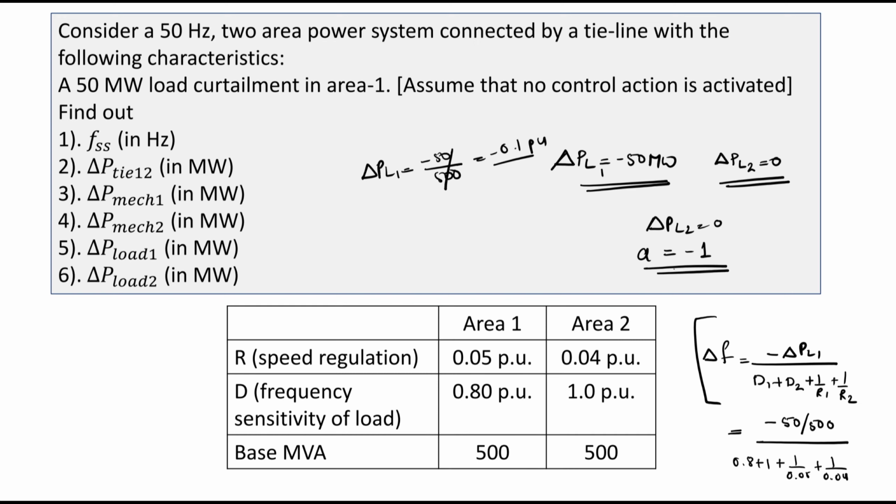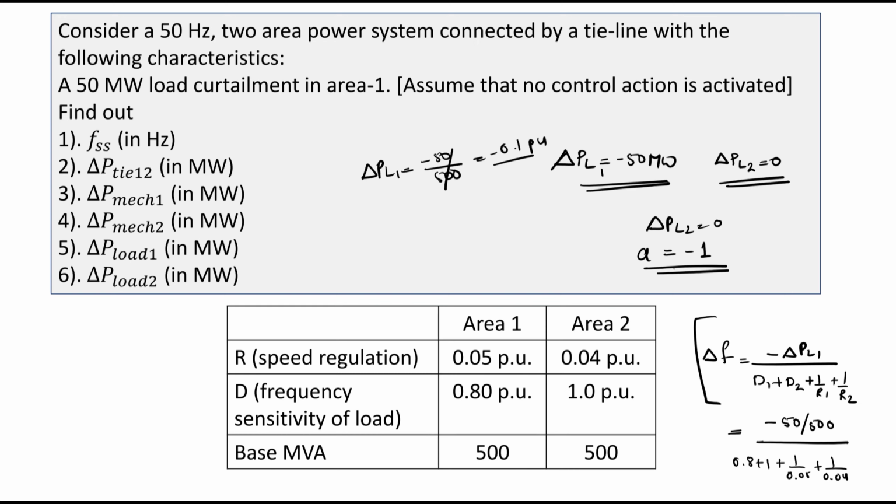Here it is said there is a load curtailment of 50 megawatt in area 1. So load curtailment is a negative change. So delta PL1 is equal to minus 50 megawatt, and delta PL2 is equal to 0. No control action is activated.